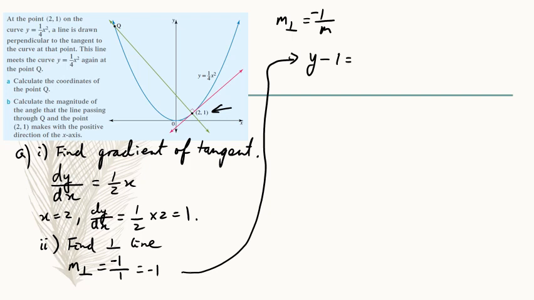We're going to use that to find our perpendicular line. We substitute all that in, we solve for it. So then we have y equals -x plus 3.